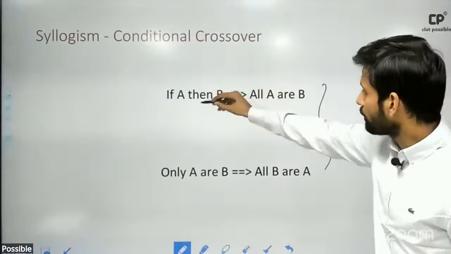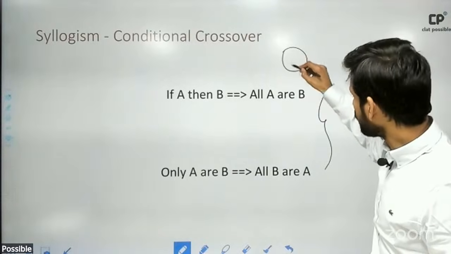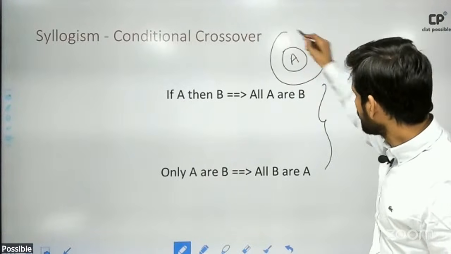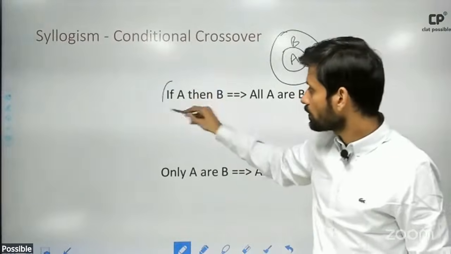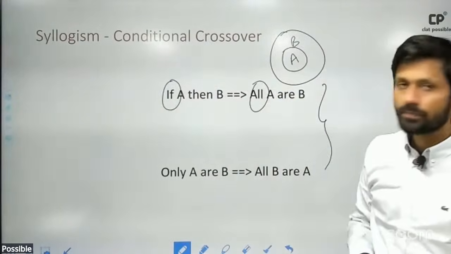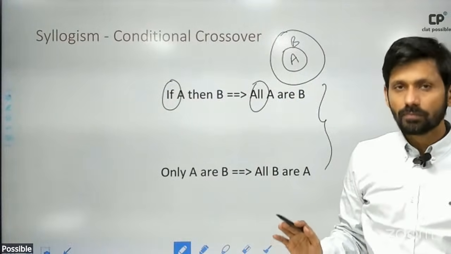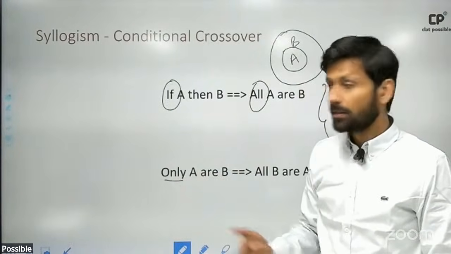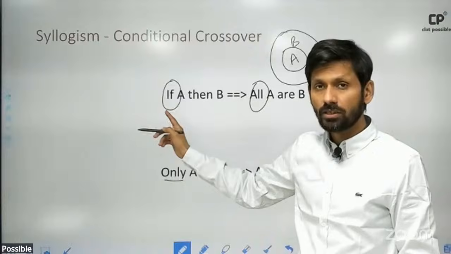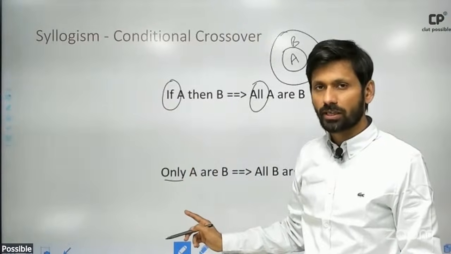So if A then B is drawn, minimum overlap, ये है if A then B. Remember this, if or all, same thing, right? Only is different. If तो sufficient introduce कर रहा था, only necessary introduce कर रहा है.